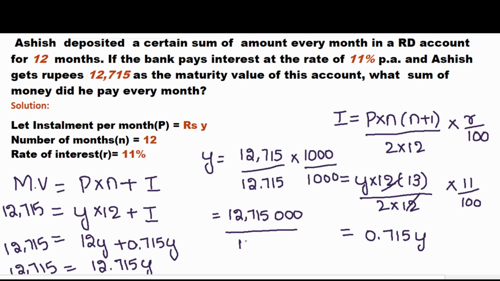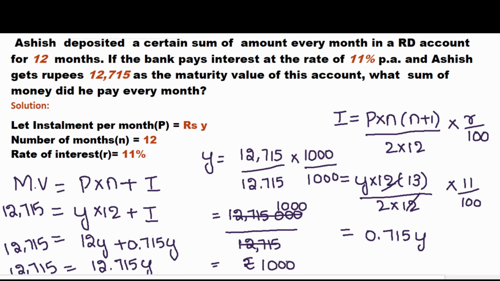So I'll be getting 12,715, that is 12,715. So this gets cancelled with this by 1000 times. Therefore, the P value will be 1000 rupees.